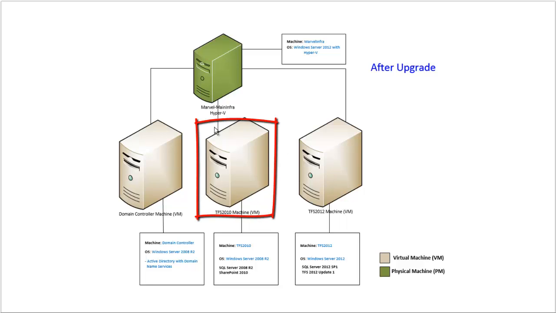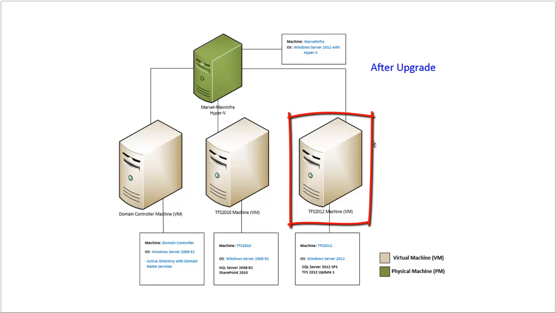I will not uninstall the SharePoint 2010 and I will use it as a SharePoint machine to work with the new environment, and I will install the build server in the new machine TFS 2012. So at the end of the upgrade we will have a TFS 2012 server and SharePoint 2010 server and domain controller.